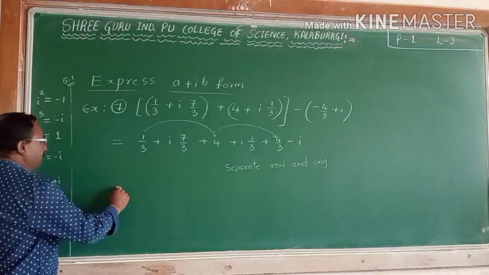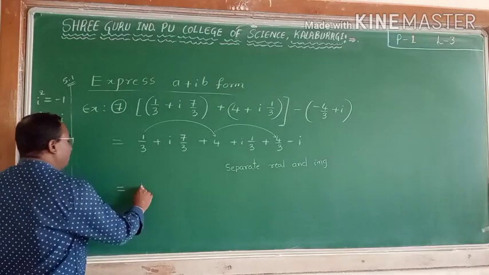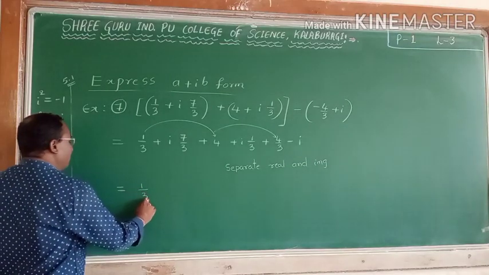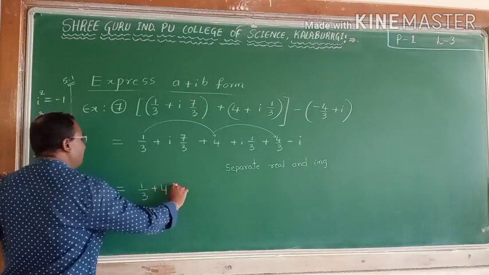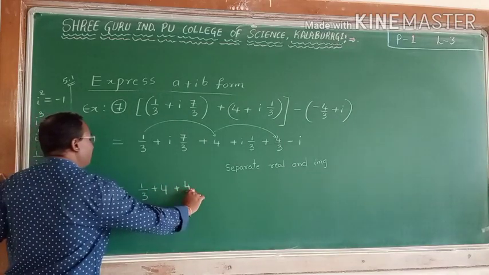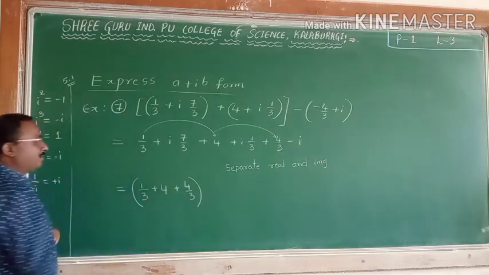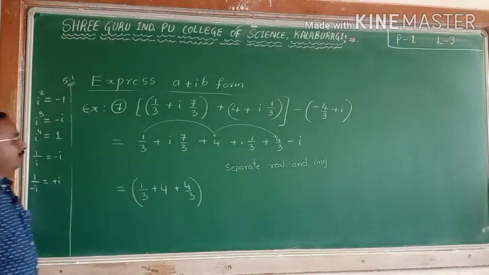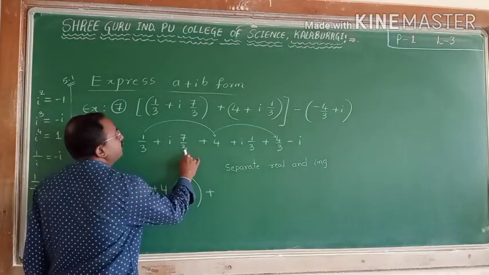Separate real parts: 1 by 3 plus 4 plus 4 by 3, real part, plus imaginary parts.